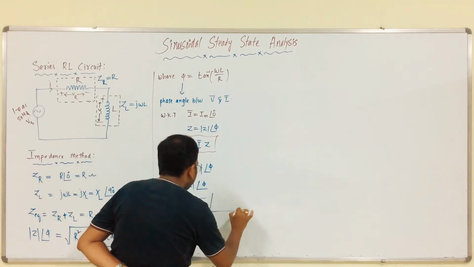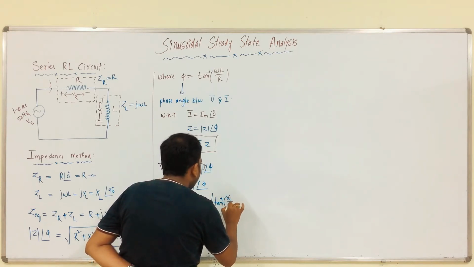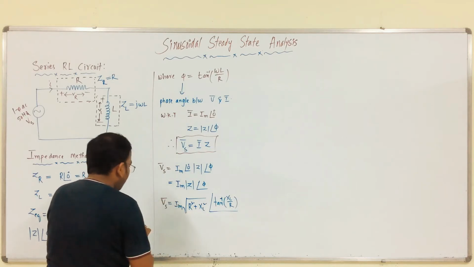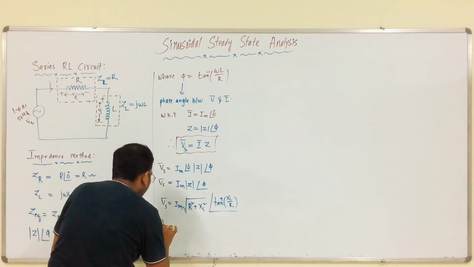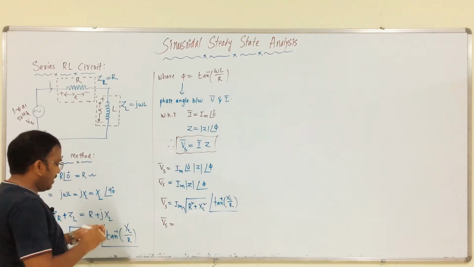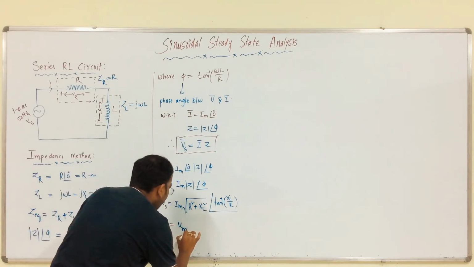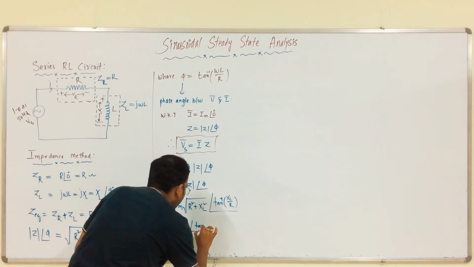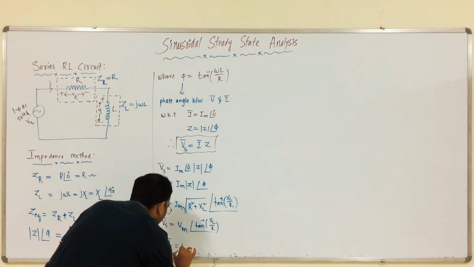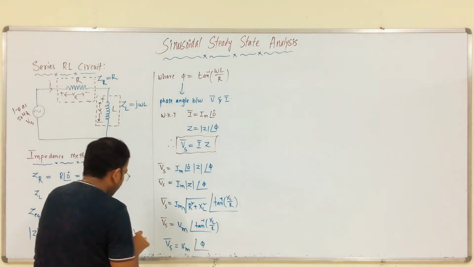The angle is tan inverse XL by R. This is Vs. So, Vs is nothing but I m into the square root of R square plus XL square, which is I m into Z, nothing but V m, right? V m at an angle tan inverse XL by R, which is V m at an angle phi, right?